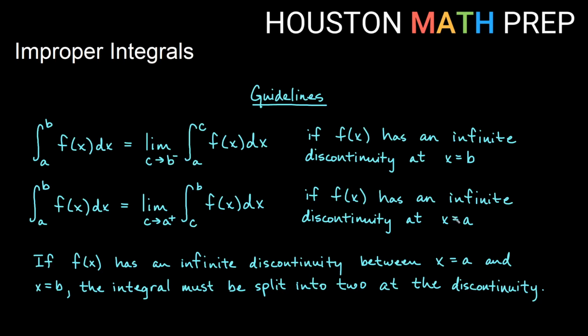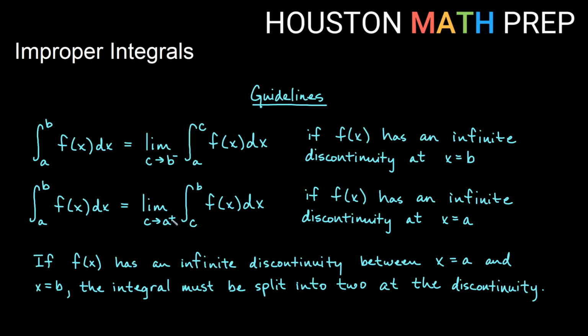If you have an infinite discontinuity at a, in other words, your lower bound, then you'll need to put in a dummy variable for your lower bound and let that dummy variable approach a from the positive direction. If you're in the interval between a and b and you want to approach a, you can only approach a from above a, right? From the positive side of a. So that's why we'll have a one-sided limit there.